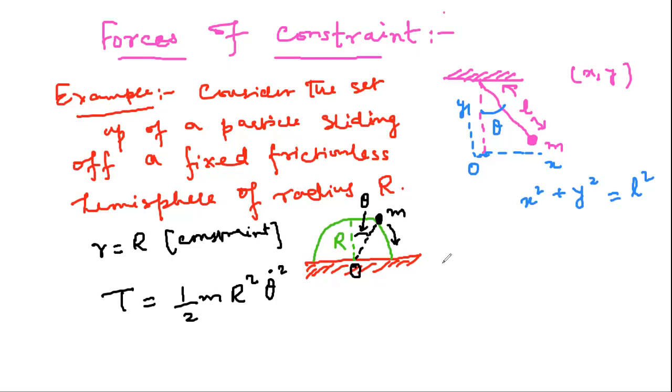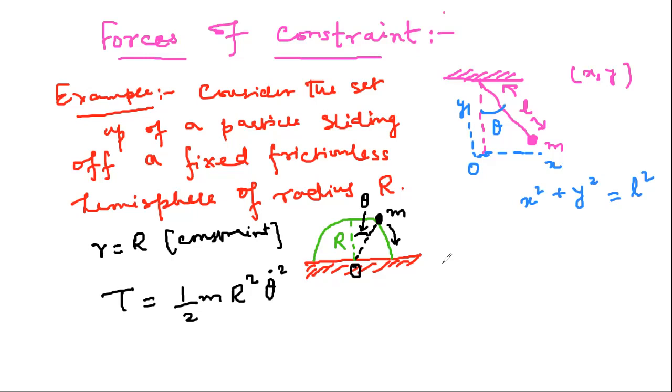So what is half m r square theta dot square? It is actually the rotational kinetic energy of the particle about point O. R square is moment of inertia, and theta dot is the rate of change of theta, that is the angular velocity of the particle. So half m r square theta dot square is its kinetic energy.